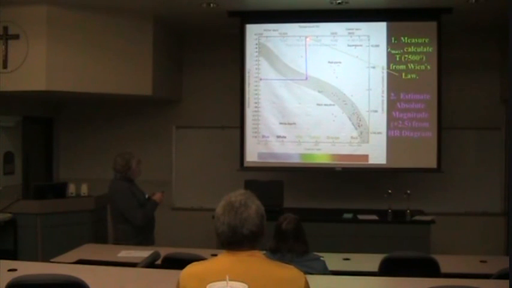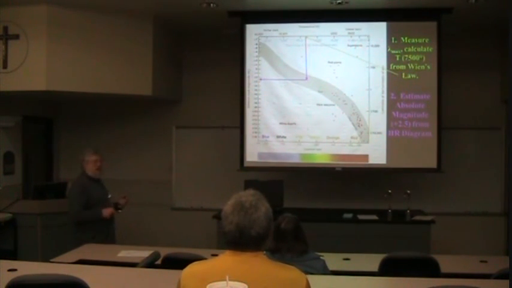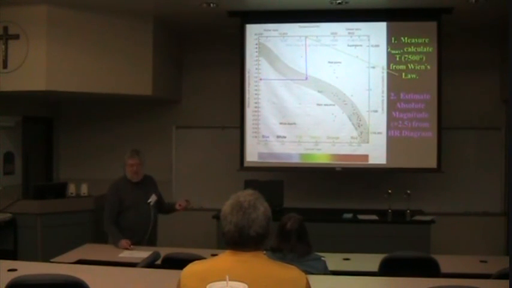Then we read down to the main sequence and over to the y-axis that tells us its absolute magnitude is 2.5. If it's one of these stars here, not one of these and not one of those, but there are other ways to tell, which we can't possibly go into tonight, but we can tell if a star is a main sequence star or not.